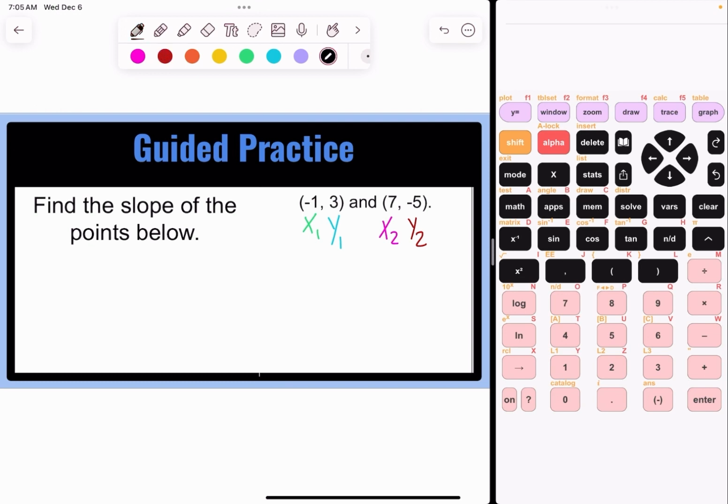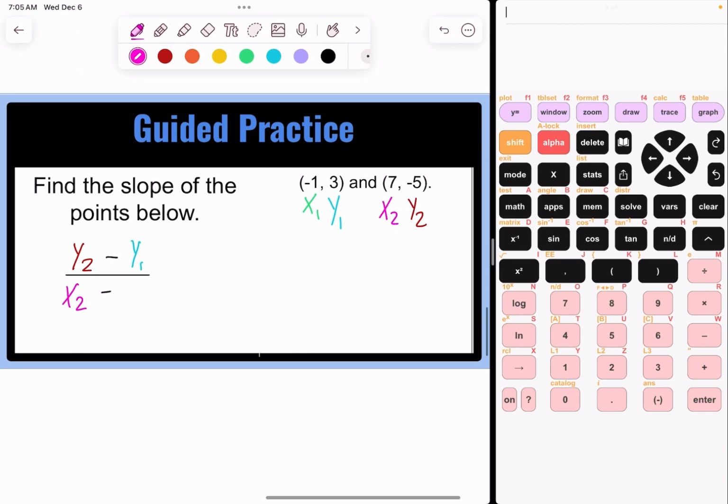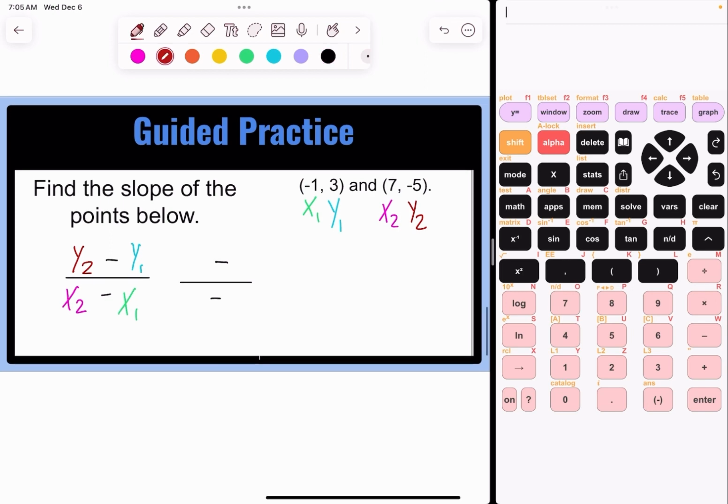Now the formula we use is you're going to be on the top subtracting the y's, so y2 minus y1, and on the bottom you're going to be subtracting the x's, so x2 minus x1. And let's see how this goes. So y2 is negative 5 minus y1 is 3, and then x2 is 7 minus x1 is negative 1.